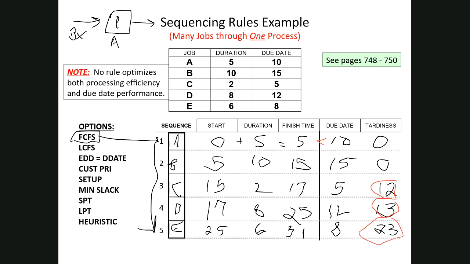So 3 are tardy. And the total tardiness is 6 and 2. That's 8 hours. And then this is 48 hours total tardiness.